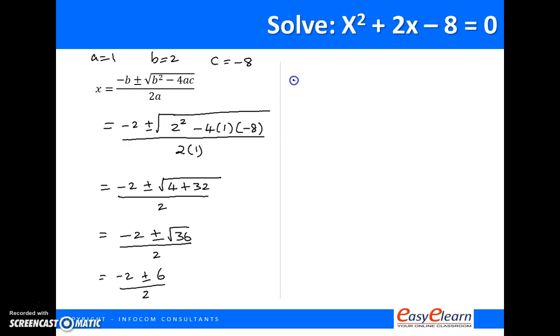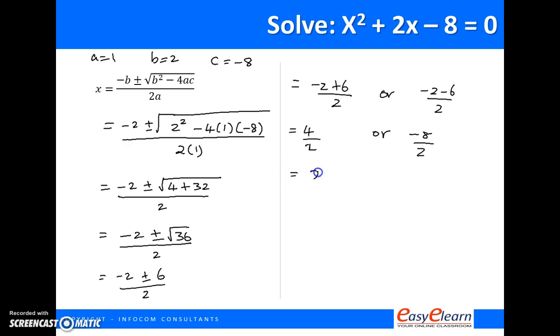We can further split this into 2. One is minus 2 plus 6 divided by 2, or minus 2 minus 6 divided by 2. So which is going to be 4 divided by 2, or minus 8 divided by 2.